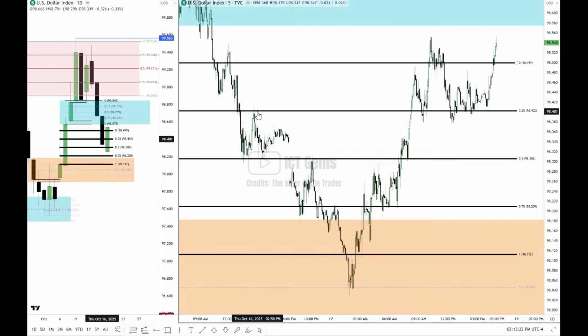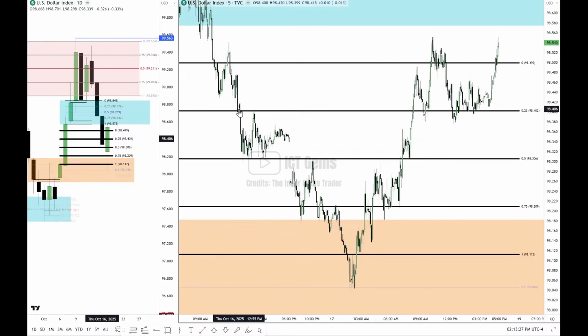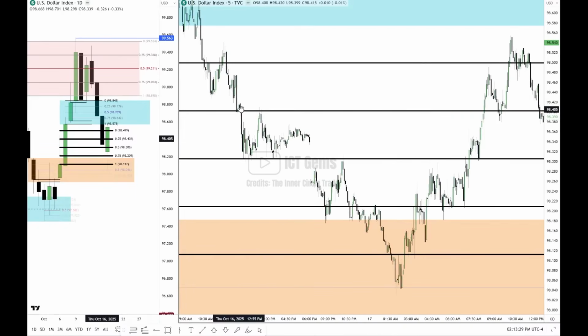Price trades up to this in here, trades right to the order block that's laying right there. Let me make it a little bit bigger for you so you can see it. See that little up close candle right there as a volume imbalance in it? Trades right up into that. It's the open of that price. What's this opening price at? 98.408. The high of this candle comes in at 98.410. So there you go.